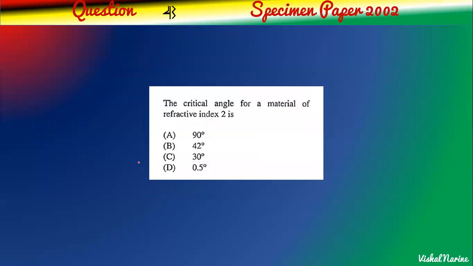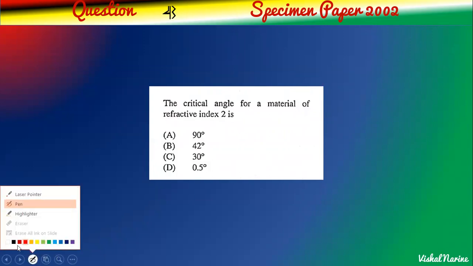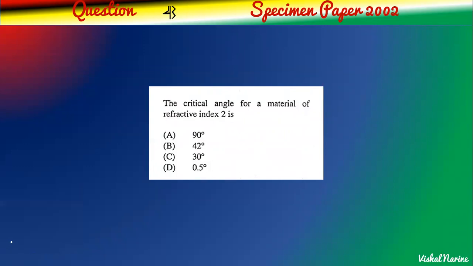Question 43. The critical angle for a material of refractive index 2 is, and just going through the formula here, you'll know that sine C is equal to 1 over the refractive index.